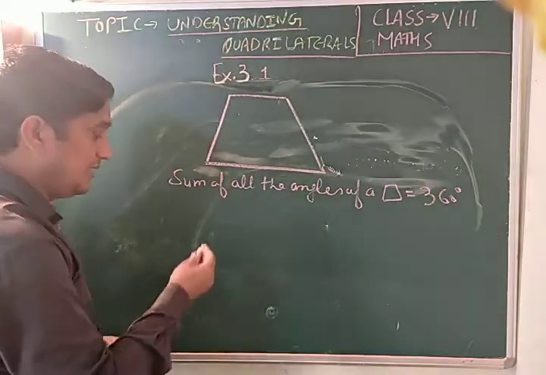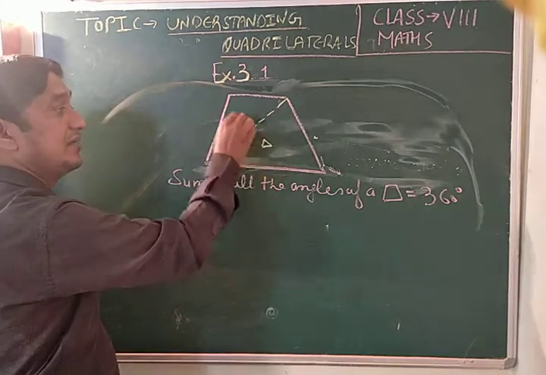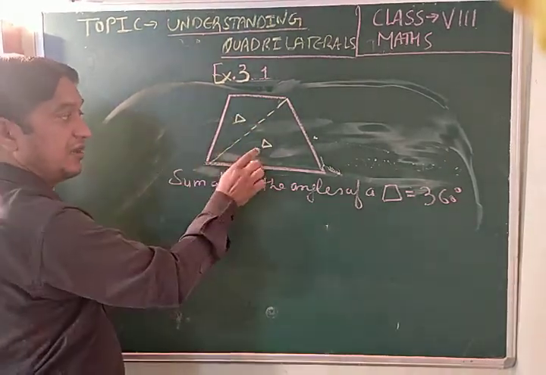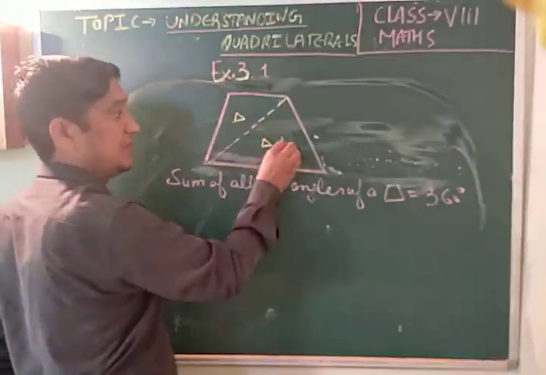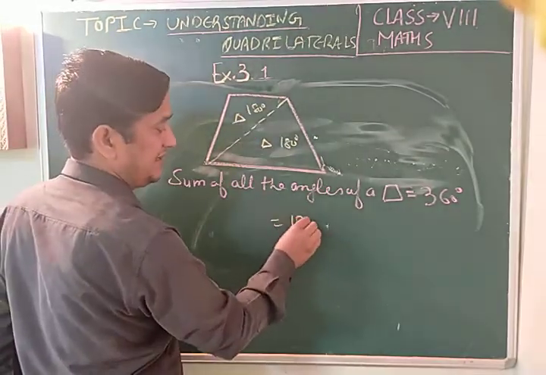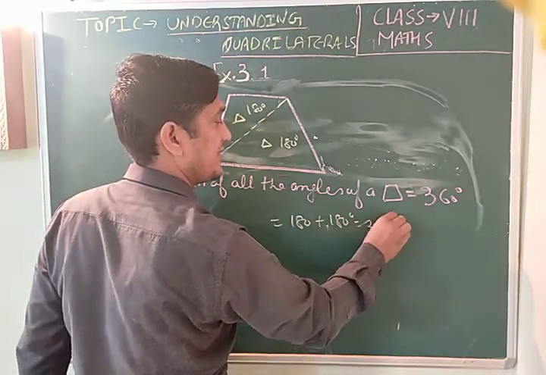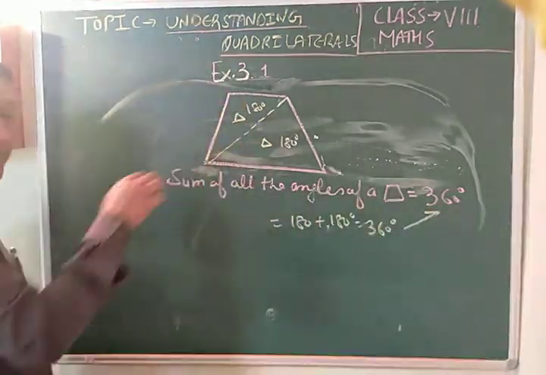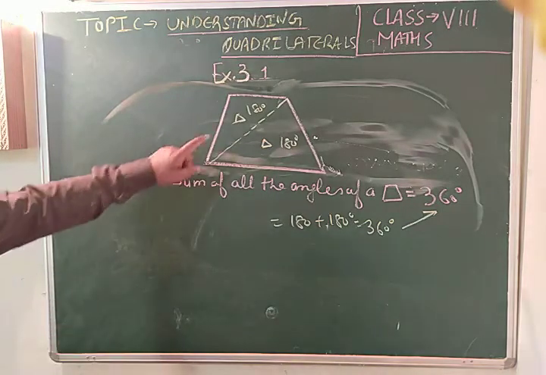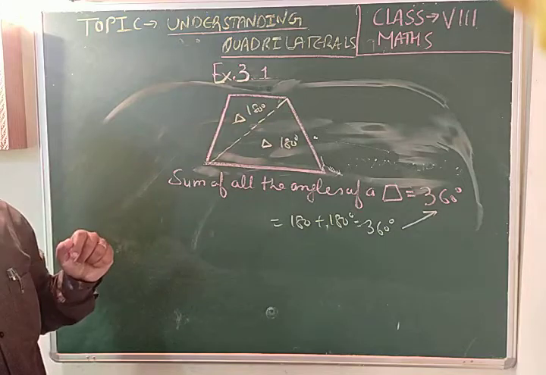This can be obtained how? If I divide this into triangles, this is a triangle, this is also a triangle, and the sum of all the angles of a triangle is what? 180 degrees, 180 degrees. Now it becomes 180 plus 180, that is 360 degrees. This is one of the ways of finding the sum of all the angles of a polygon.